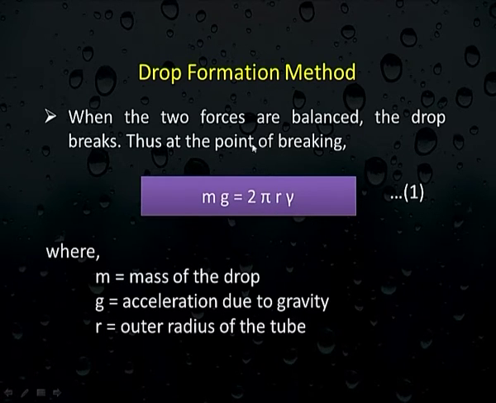It is at that point of breaking that the weight of the drop mg will be equal to 2 pi r gamma. Gamma is the surface tension. 2 pi r, we know it is the circumference. m is mass of the drop and g is the acceleration due to gravity. Here r is the outer radius of the tube.